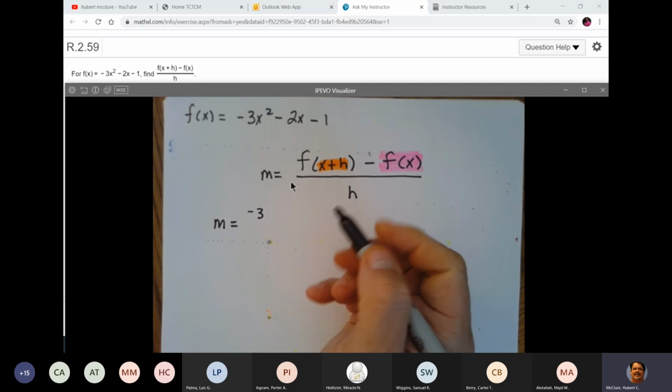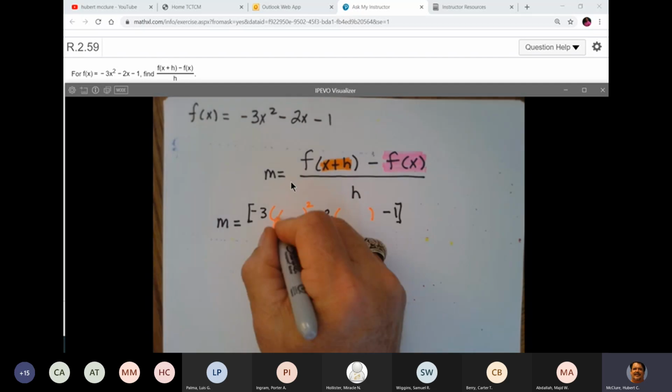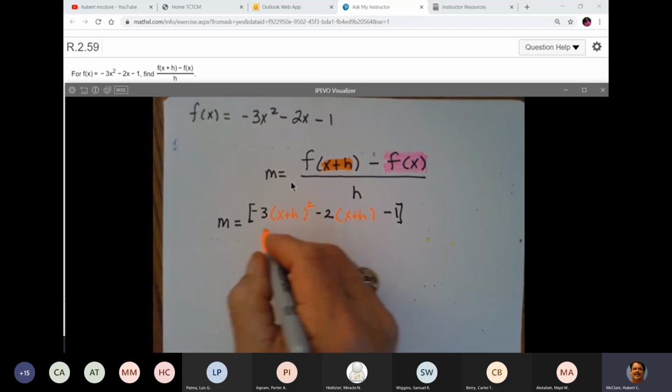And I'm going to plug in x plus h right here, and right here.